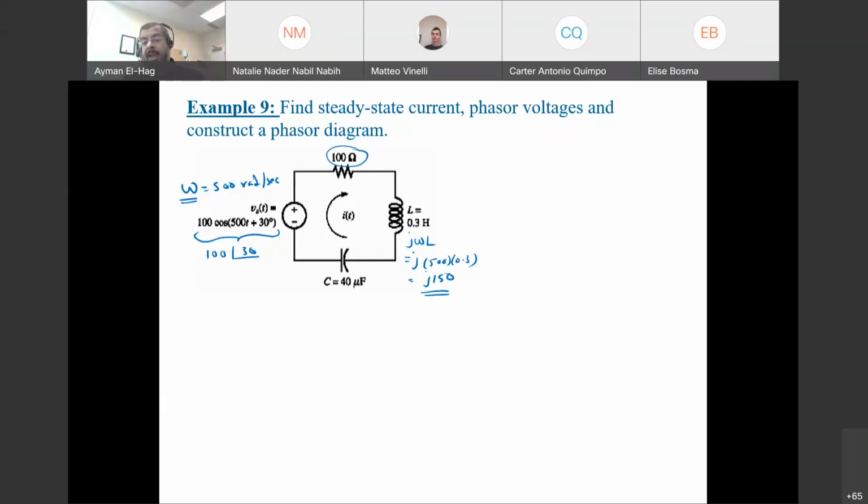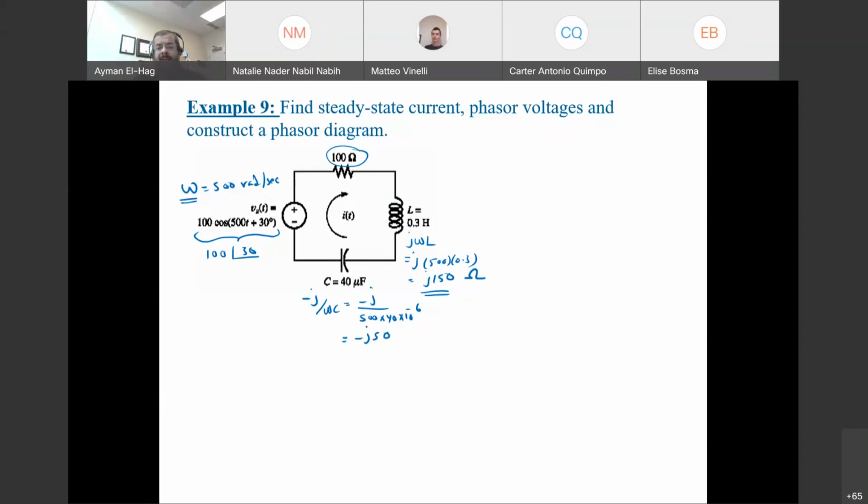You cannot do this. You have to change everything into ohms. This has to also be in ohms, which is minus J over omega C, which equals minus J divided by 500 times 40 times 10 to the minus 6. And if you do the calculation, this is equal to minus J50.